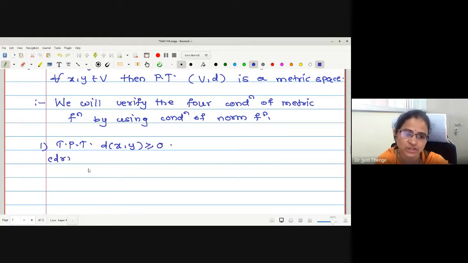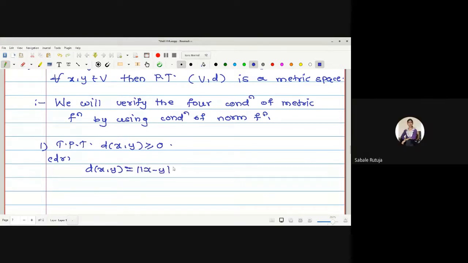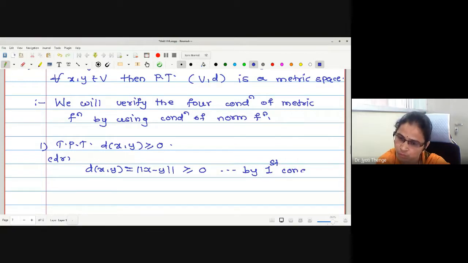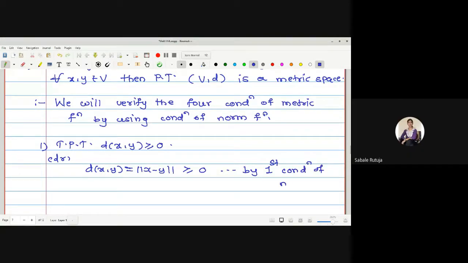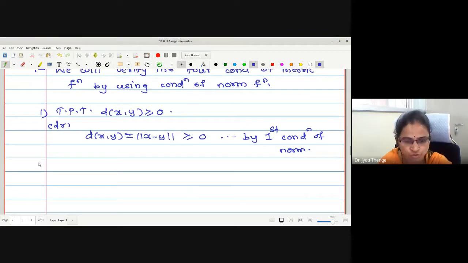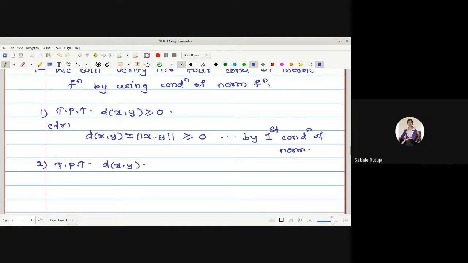Consider, what is d(x,y) given to us? Norm of x minus y, but the norm of x minus y itself is non-negative. Which condition have we used? The first condition of norm. Okay. Next, what should I prove? d(x,y) equal to 0 implies and is implied by x equal to y.